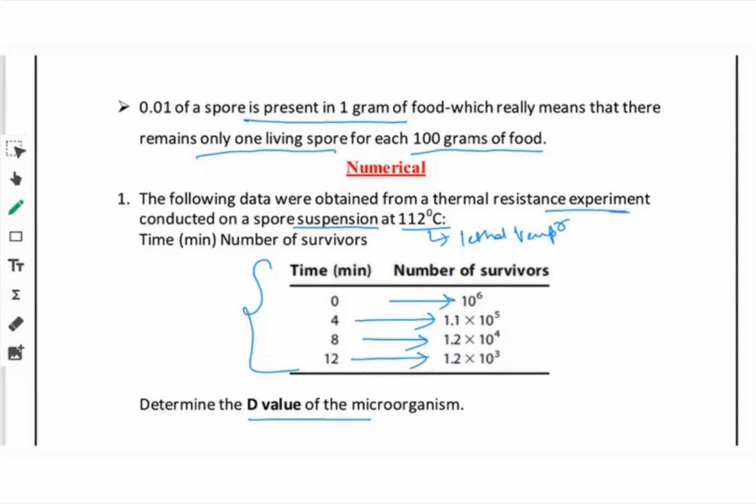The approach we will follow for solving this numerical is that we have to plot a semi-log graph where on the y-axis we will take number of survivors and on the x-axis we will take time in minutes. This graph will be similar to what I mentioned in my previous video of the D-value graph.